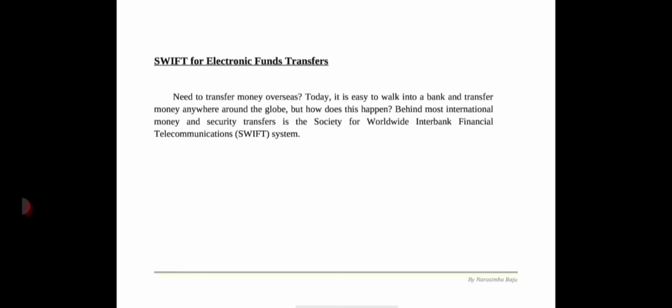Behind most international money and security transactions is SWIFT, which is called the Society for Worldwide Interbank Financial Telecommunication. SWIFT is a vast messaging network used by banks and other financial institutions to quickly, accurately and securely send and receive information such as bank transfer instructions.